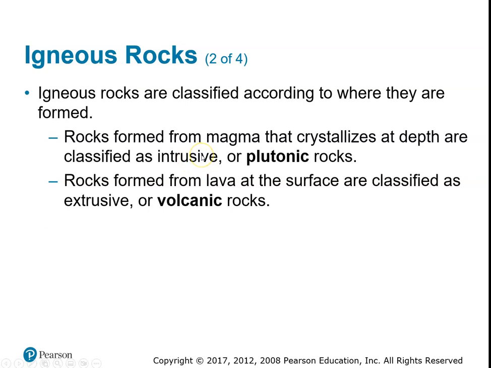I showed a little picture of this, I think in the last video, where it shows the intrusive. Intrusive and plutonic mean the same thing. This has to do with the Roman god of the underworld. That's where the name plutonic comes from. And rocks that are extrusive means that the magma has reached the surface. So those are volcanic rocks.